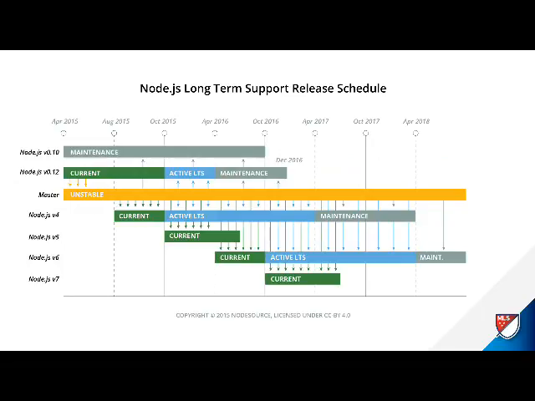So if you see the overlap in the blue for the active LTS for Node version 4 and Node version 6, this is now creating a very secure platform for you to work with, right? It gives you ample time to migrate. It's a steady release pattern.